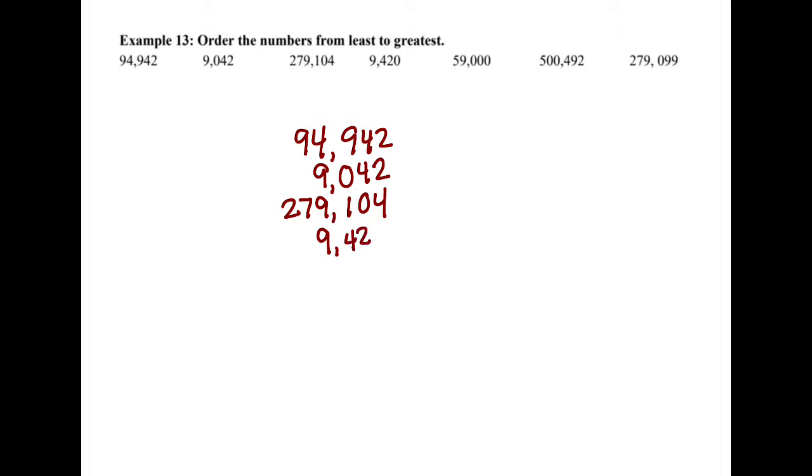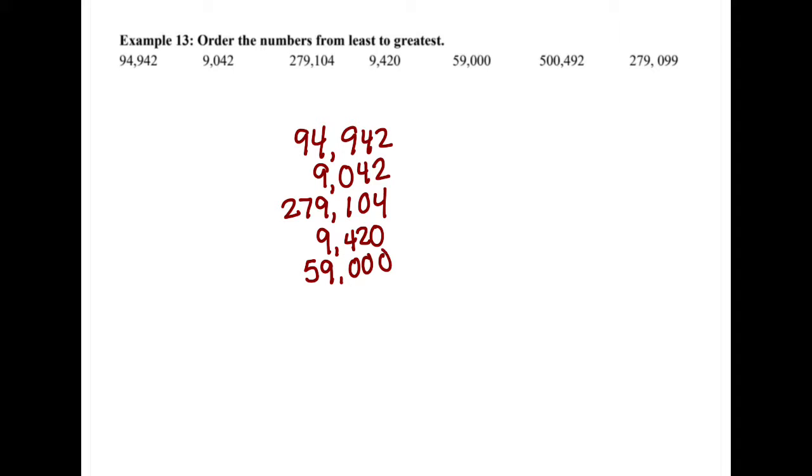Okay, so 994,942. We have 9,042. We have 279,104. 9,420. 59,000.